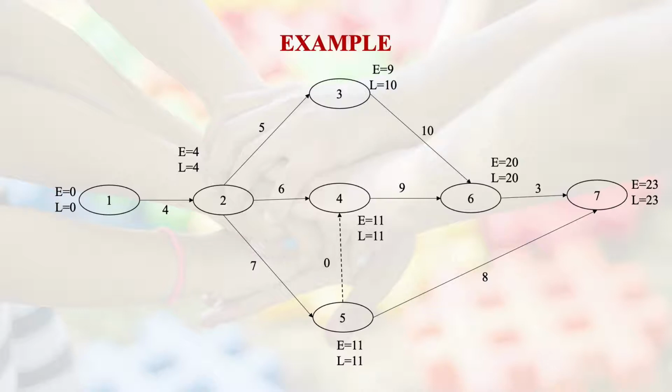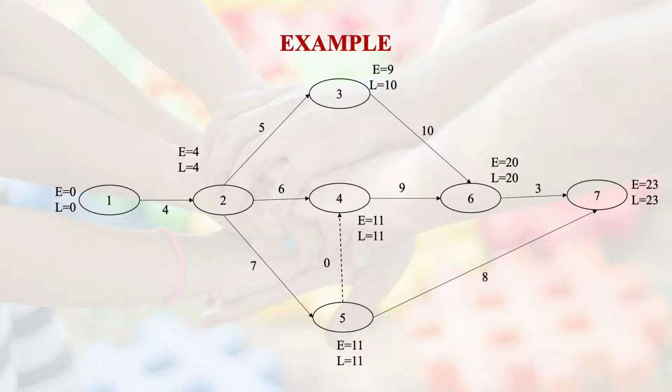What about 2 to 4? The earliest occurrence time of event 2 was 4, plus 6 more units, so for event 4 we have one earliest occurrence time of 10. However, in event 4 there are 2 paths, and the second path is coming from 5 to 4, and the length of that particular path we do not know yet, so that is why it is not yet determined.